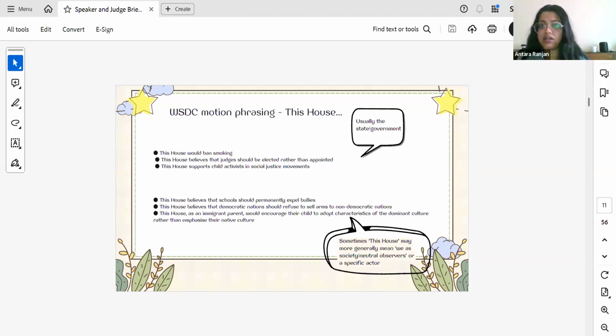But a debate motion like this house believes that schools should permanently expel bullies has a lot more to do with how individual people think about it, right? So, what is a bully? Why is expelling the course of action? This is not a law. This is something individuals get to talk about. It's about society, it's about the lives we live. So, in these motions, the words "this house" refer to society in general.